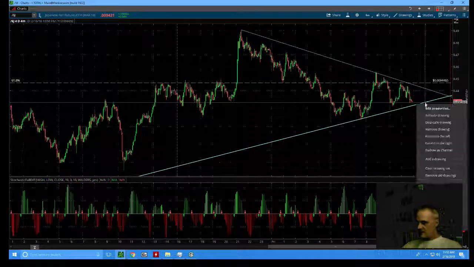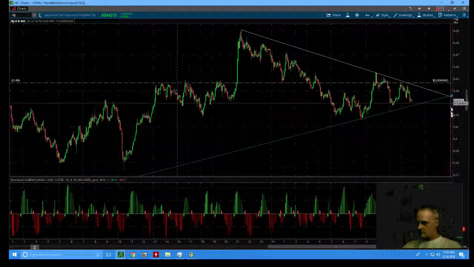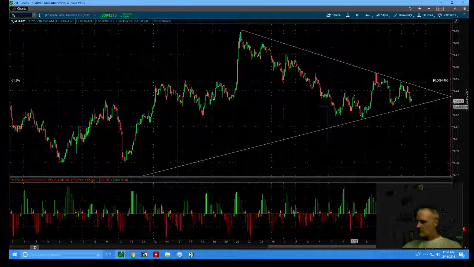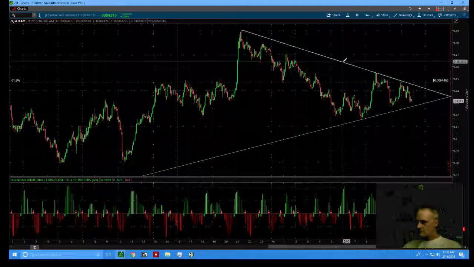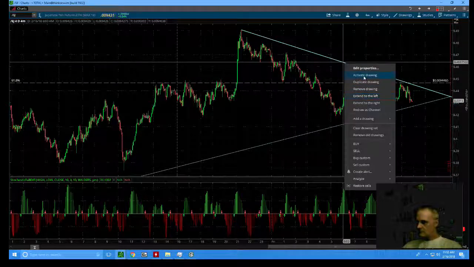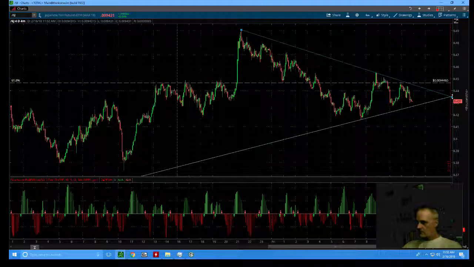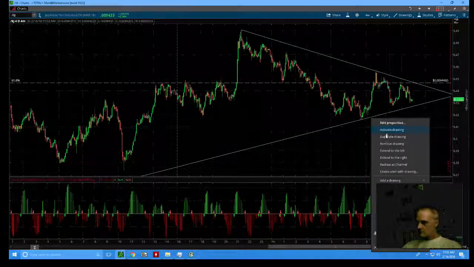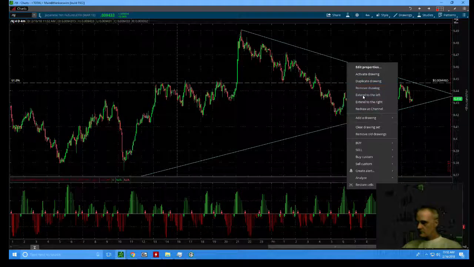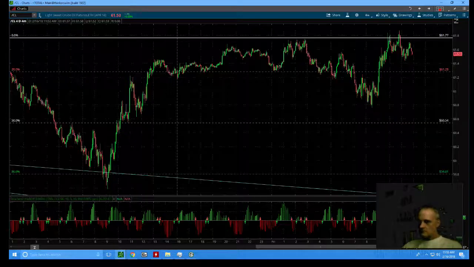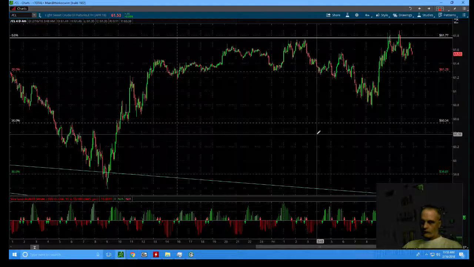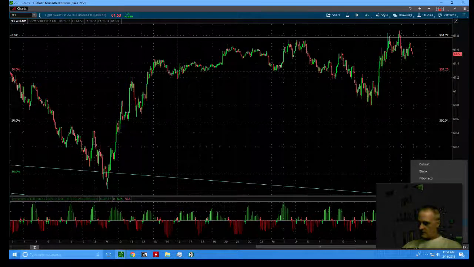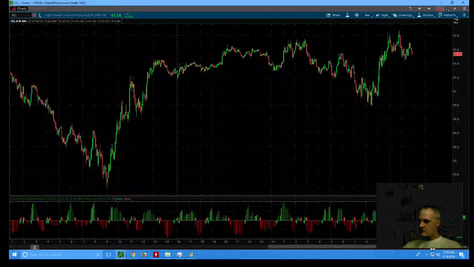And right now, with the Japanese yen, and sometimes I might also throw a Fibonacci retracement.